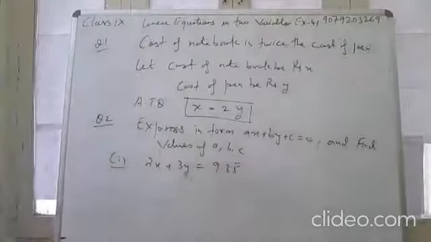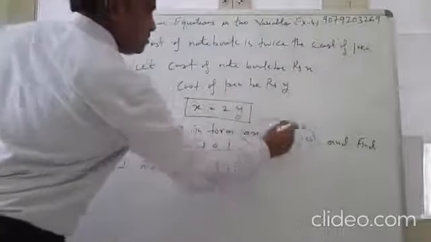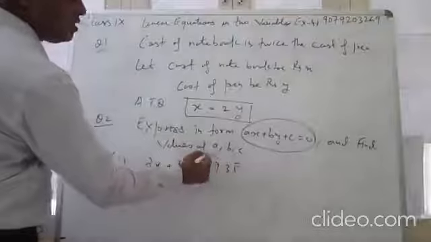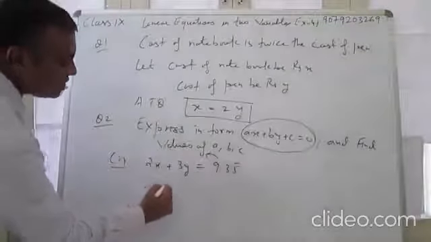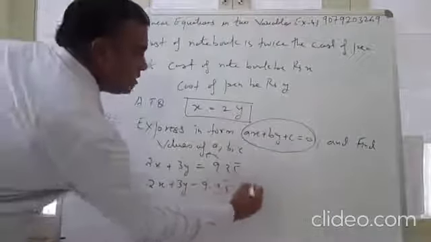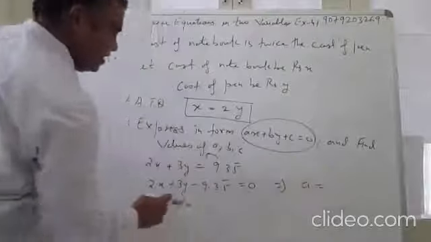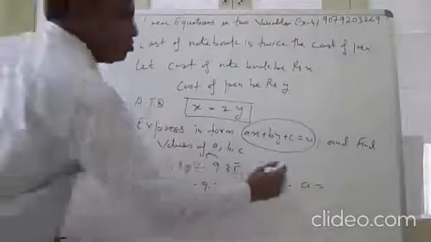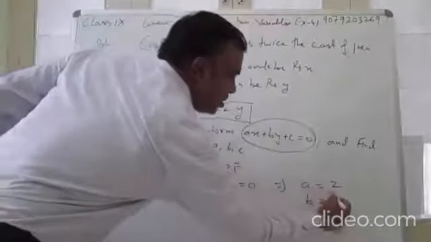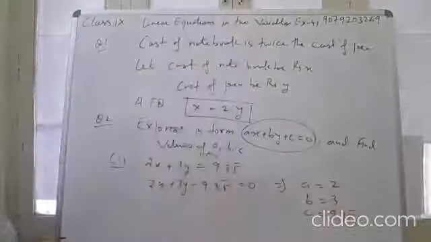To convert into the form ax plus by plus c equal to 0, turn 9.35 bar to the left side, so it is the standard form of a linear equation in two variables. Now, what is a? The coefficient of x, 2. What is b? The coefficient of y, 3. And c is the constant term, minus 9.35 bar.